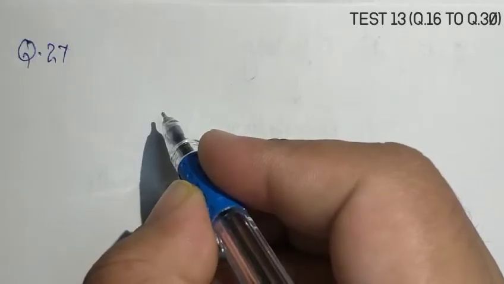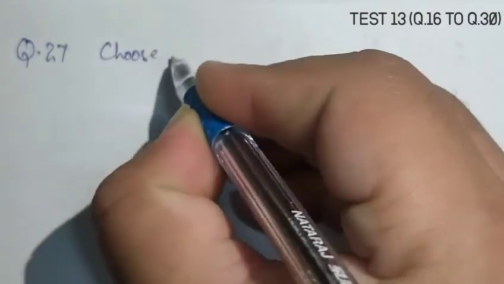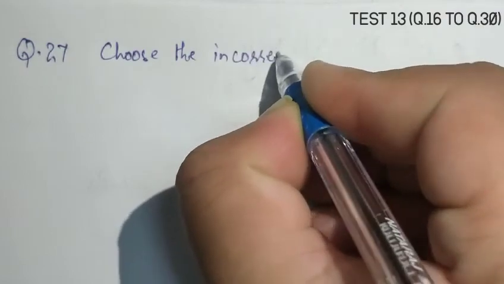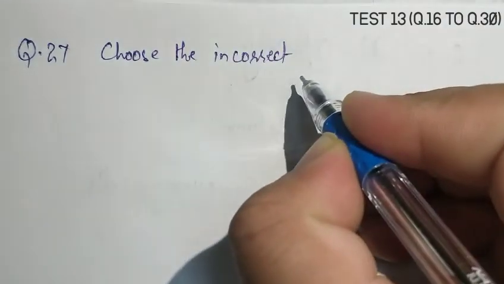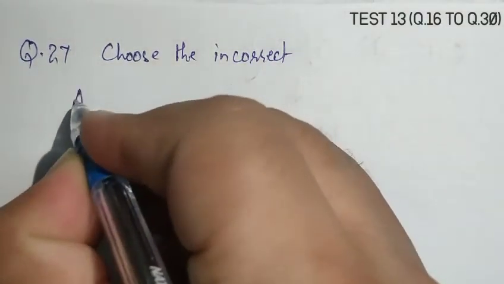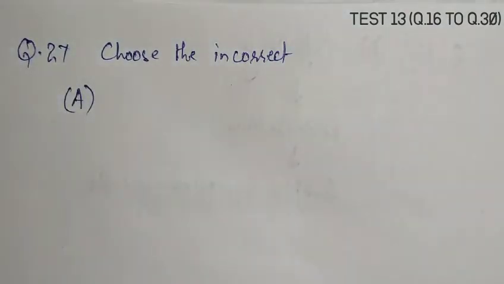Question number 27. Choose the incorrect sentence from the given below. Sentence A: 3% of oxygen is transported by blood plasma, and 97% is transported by RBC.